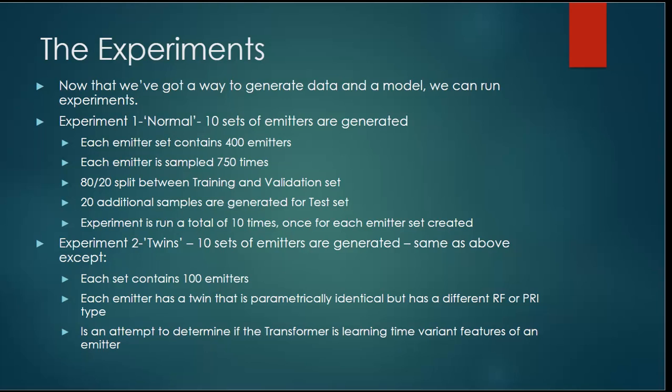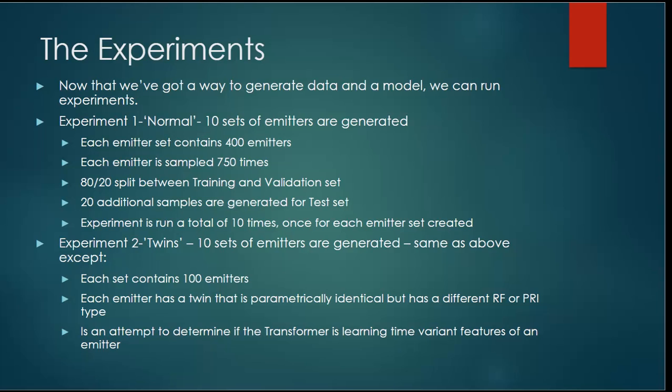So, for instance, if an emitter had a full gig of bandwidth and a min channelization of 3 megahertz, it would be possible for each frequency to be sampled twice, if it was a fixed frequency. But it's definitely possible to have frequencies that wouldn't have necessarily been sampled, given this schema. It's possible that some things could have been missed.